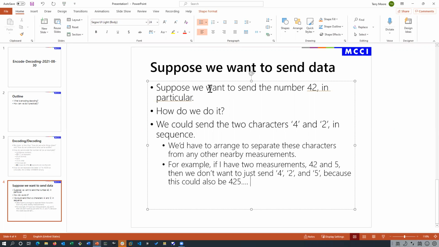You understand this? If you just see the characters 4, 2, and 5, you don't really know what it means unless you've established a convention. Often we might send a comma in between them to separate them.